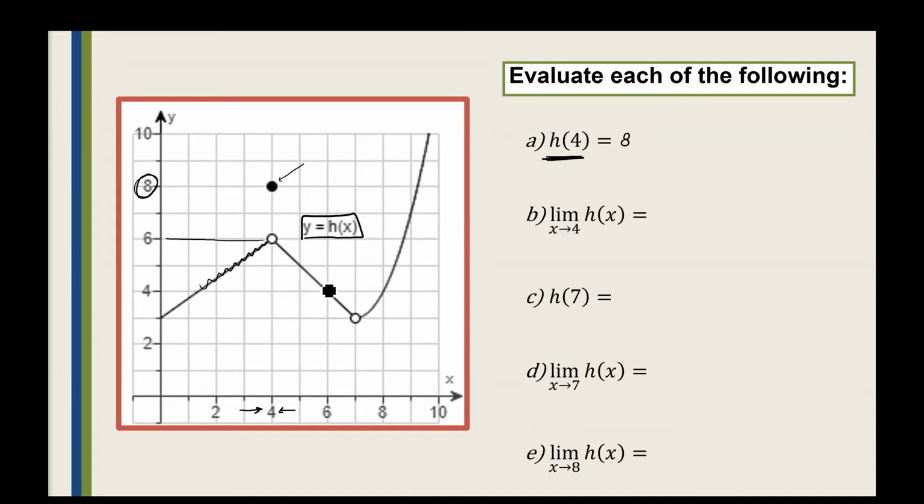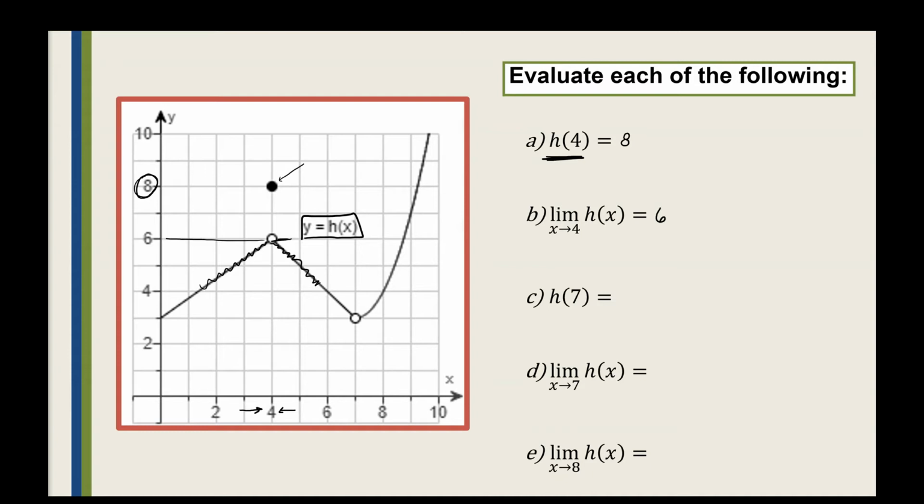And as x approaches 4 from the right, again, your function values are getting close to 6. So the limit as x approaches 4 of h of x is actually equal to 6. So here's another example of a case where the limit exists, but it doesn't equal the function value at that point.